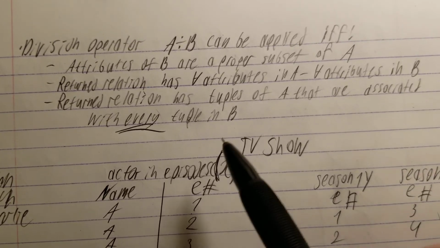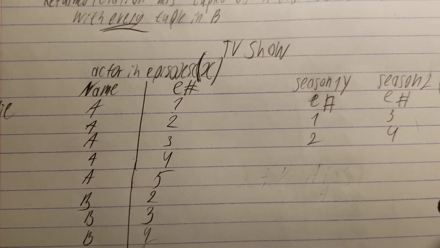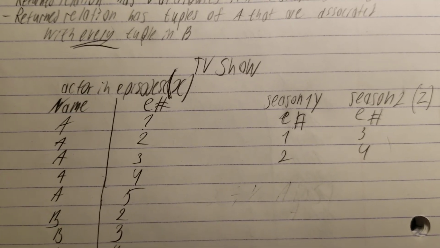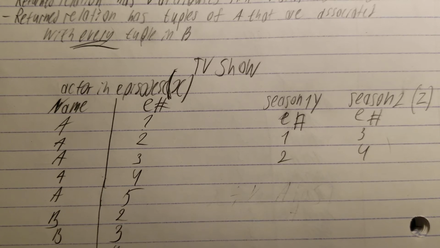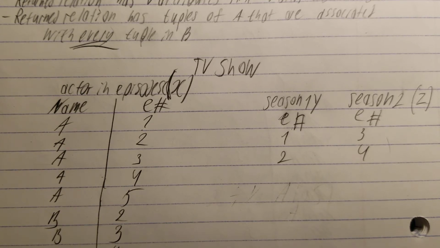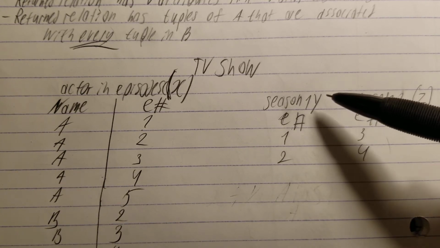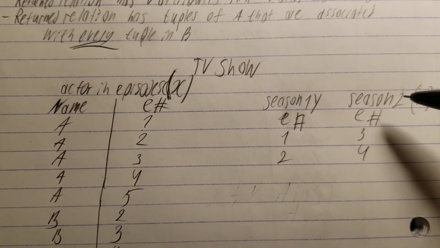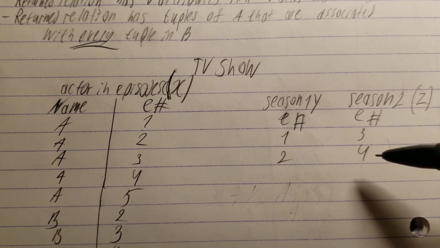So suppose we have a TV show, and it doesn't matter what TV show it is. Say there are 6 episodes in the TV show, but we don't care about episodes 5 and 6. We only care about season 1, which has episodes 1 and 2, and season 2, which has episodes 3 and 4.